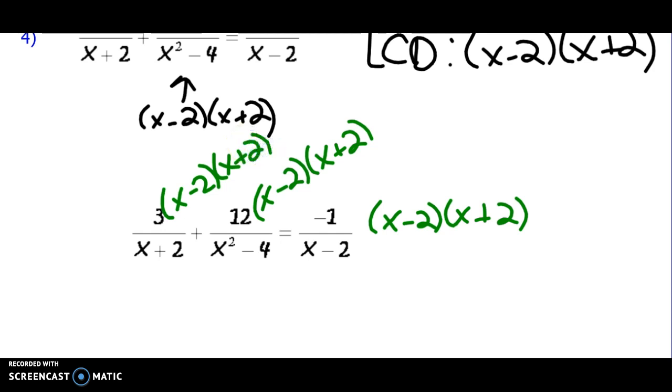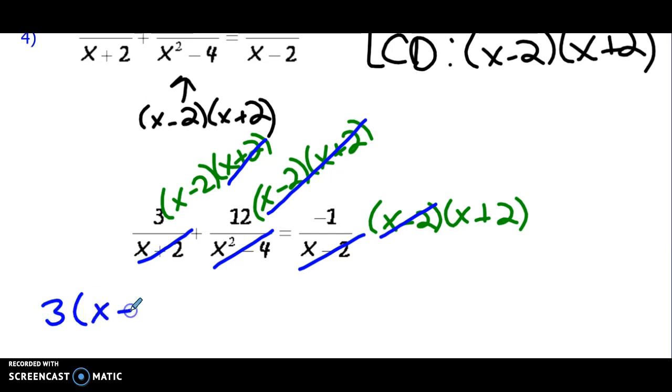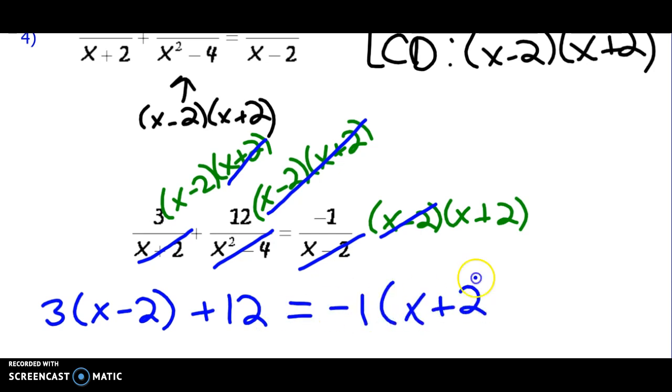And then we simplify. So the x plus 2 cancels. X squared minus 4 is x minus 2, x plus 2. And the x minus 2 cancels over here. So we're left with 3 times x minus 2 plus 12 equals -1 times x plus 2.